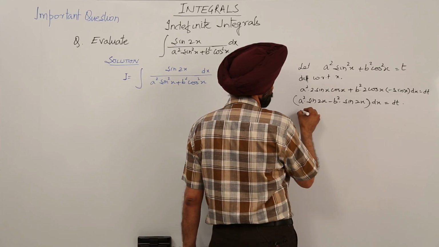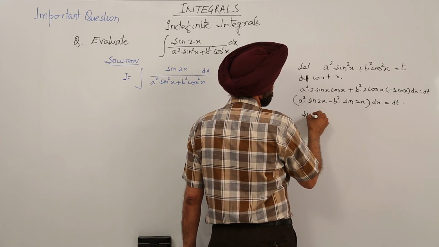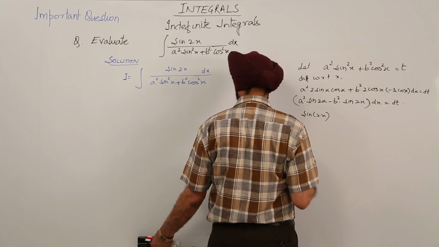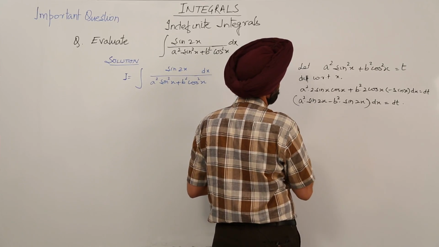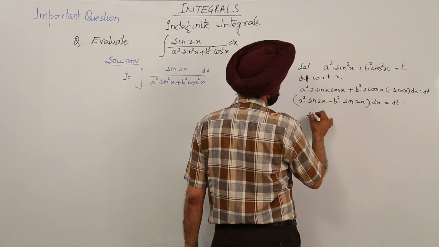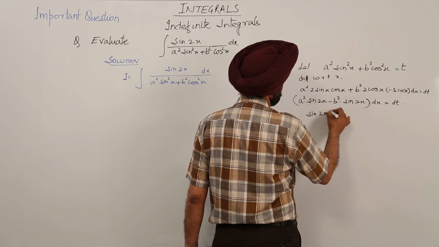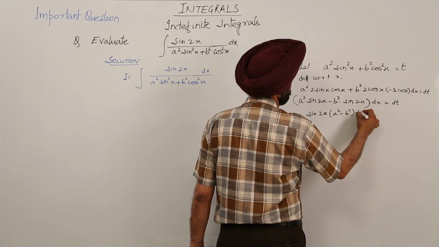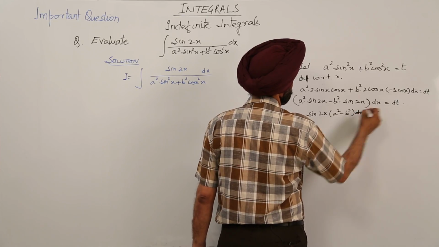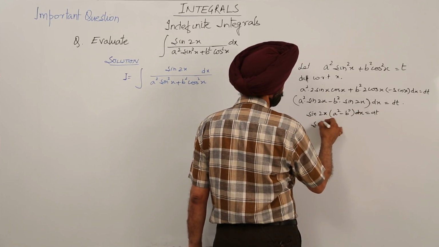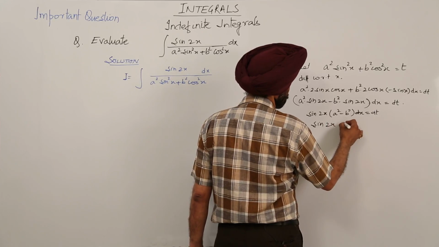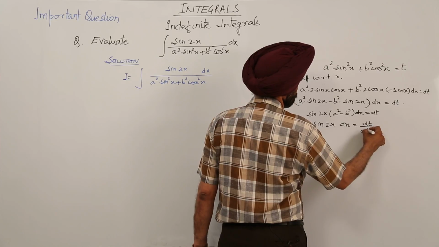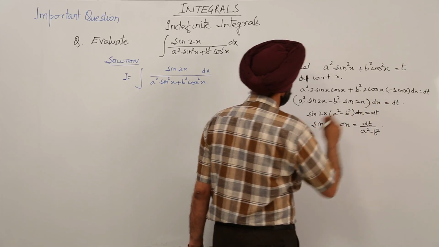Now sin 2x times a square minus b square dx is equal to dt, or sin 2x dx is equal to dt upon a square minus b square.